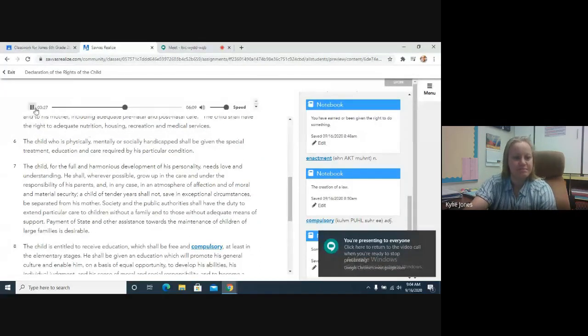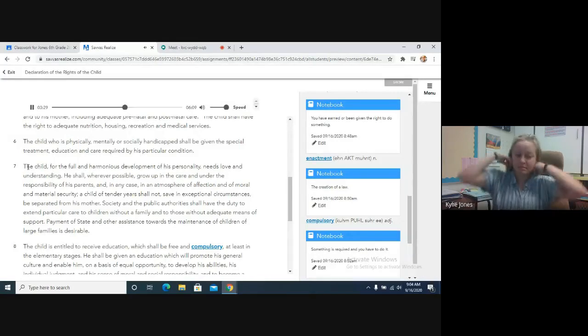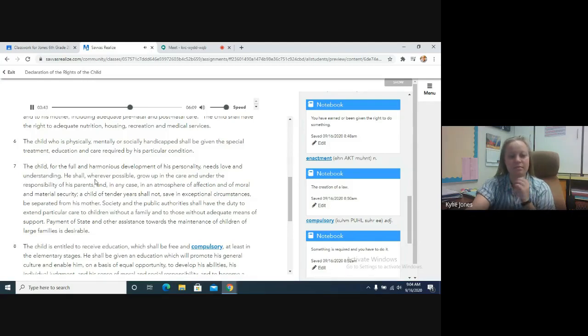Here we go. The child, for the full and harmonious development of his personality, needs love and understanding. He shall, wherever possible, grow up in the care and under the responsibility of his parents, and, in any case, in an atmosphere of affection and of moral and material security.